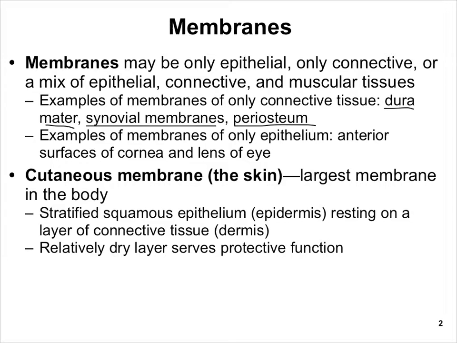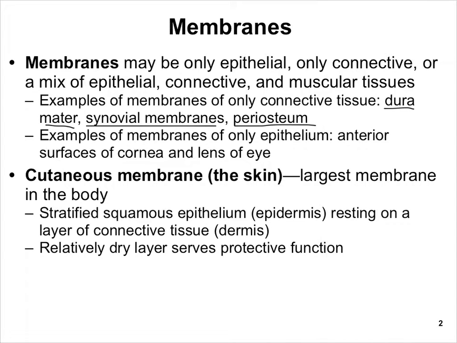It is a layer of connective tissue that basically surrounds your spinal cord and your brain actually, and serves to protect and anchor it. The periosteum is a layer of dense, irregular connective tissue that is a membrane that lies on top of your bone and that things connect to.